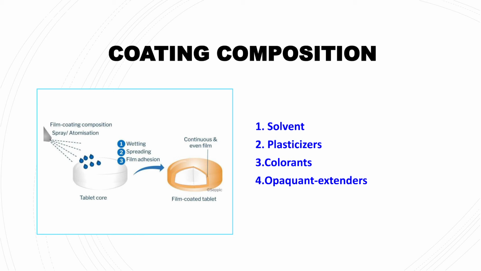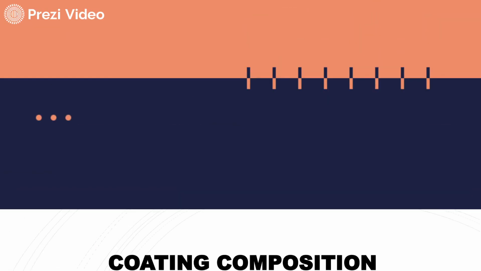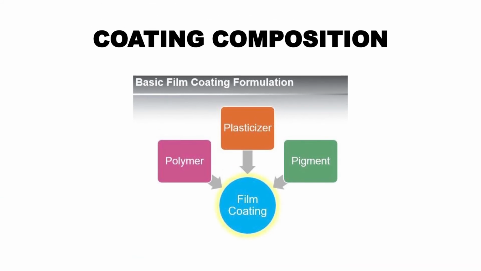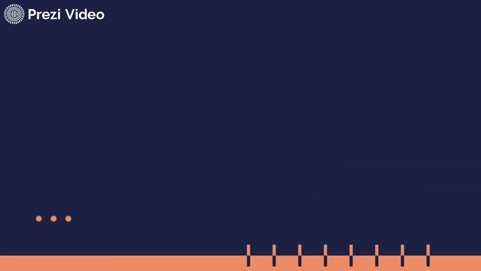And then, apart from solvents and colorants, plasticizers form certain elasticity, the plastic characters, so that you get a very fine, smooth finish. Apart from that, opacant extenders, again they are the colors. So these are the basic parts of your film coating: pigments, polymers, plasticizers.